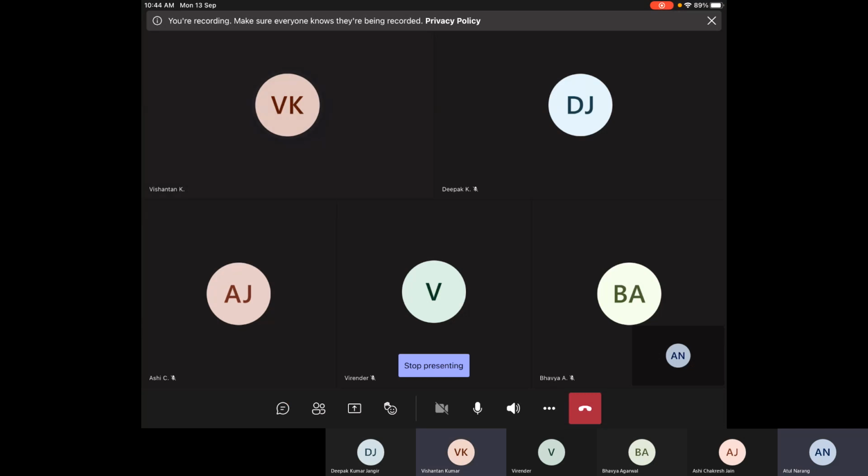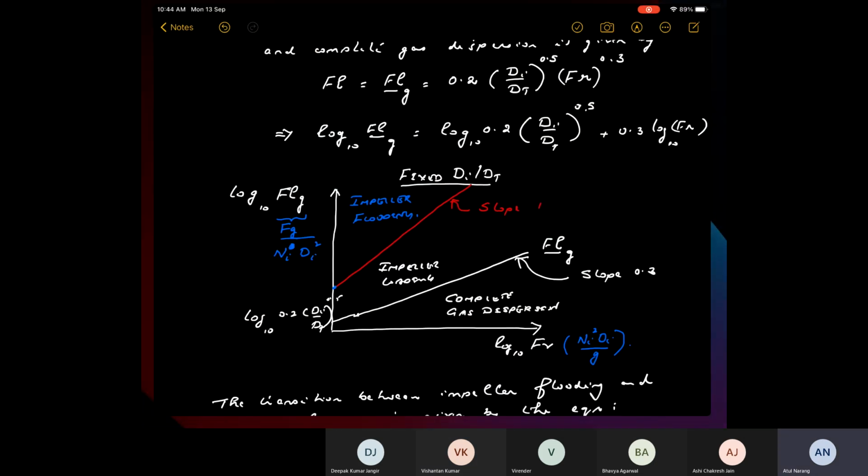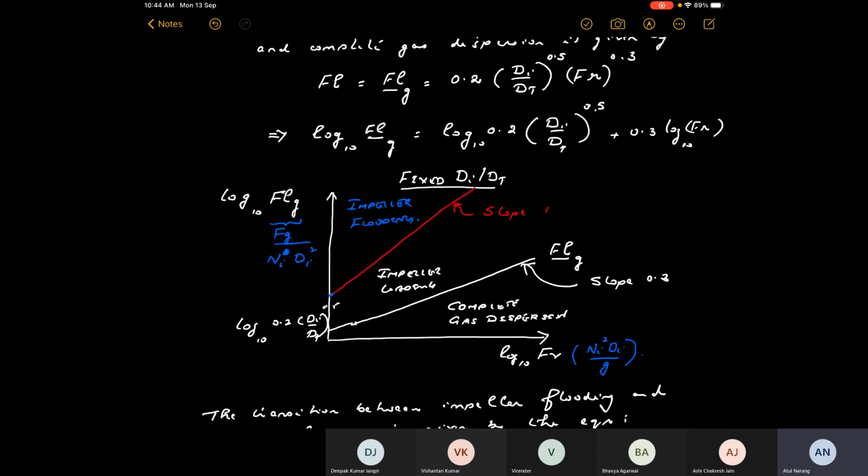Is anybody following? What happens when I increase? Yes, so we move towards impeller flooding from complete gas dispersion to impeller flooding.